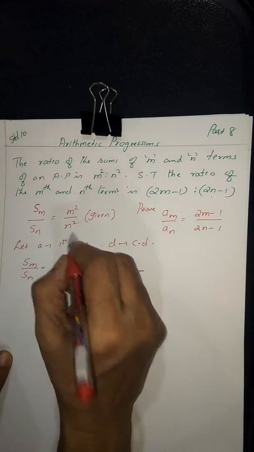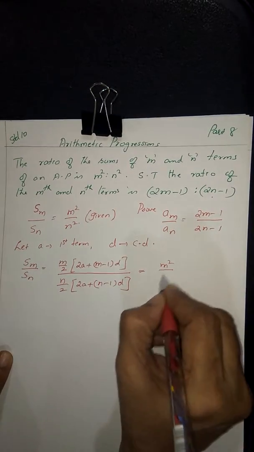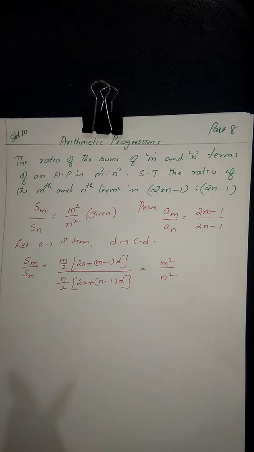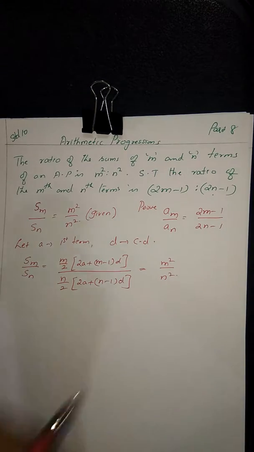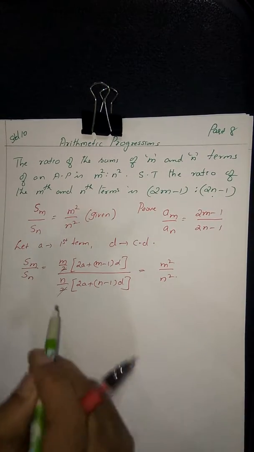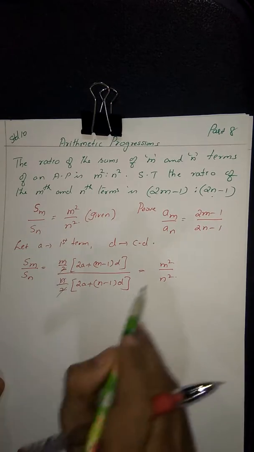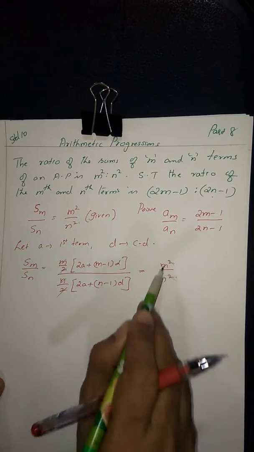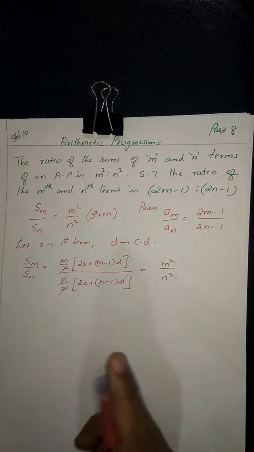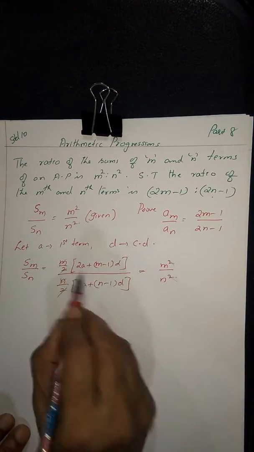This is equal to m squared by n squared, as given here. So we will cancel this 2 here, and this m and n also get cancelled with one of the m and n here. So now we will cross multiply.